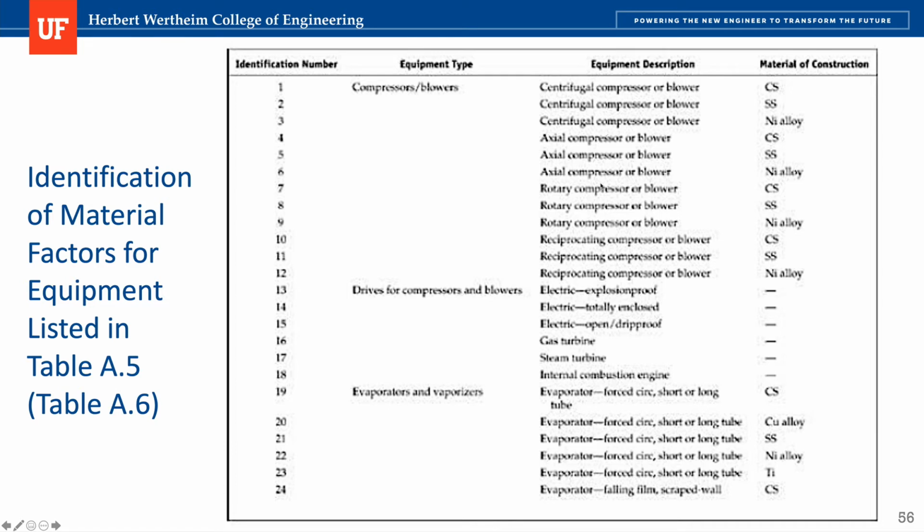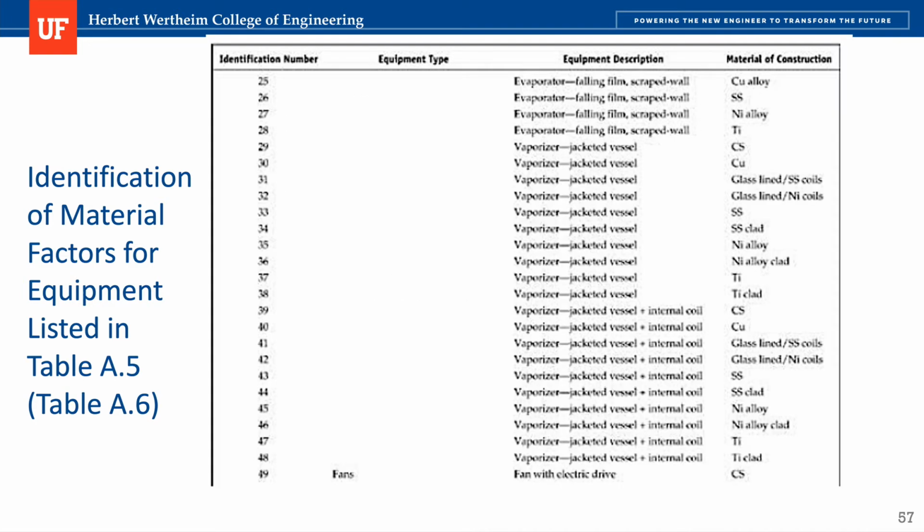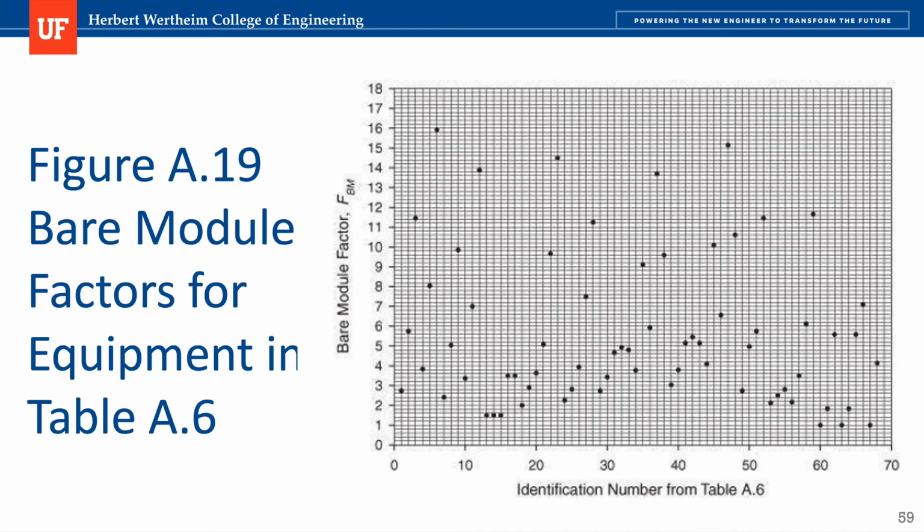Then the next thing I have to do, noticing that there are multiple equipment types such as drives, evaporators, fans, towers, and packings, is this: once I identify that the identification number for that equipment and material of construction is number 5, I come to graph 8.19 and read 1, 2, 3, 4, 5. I go up and I can estimate my bare module factor. I multiply that by the other terms in the equation and I can calculate my bare module cost for that equipment within the whole process.